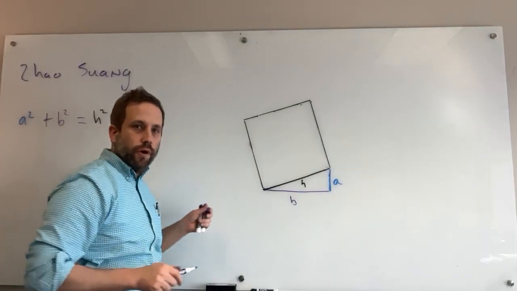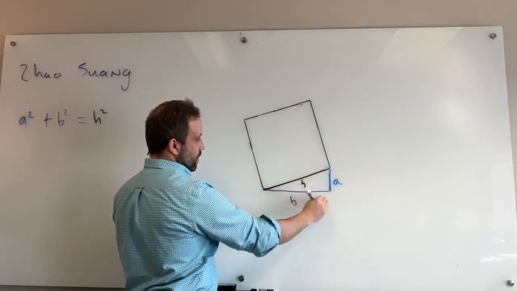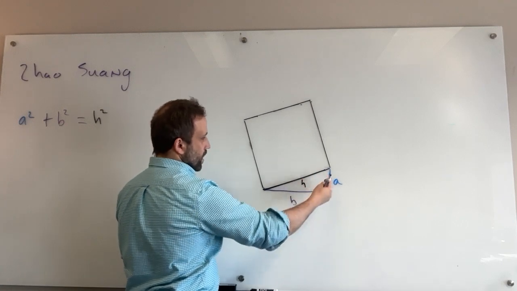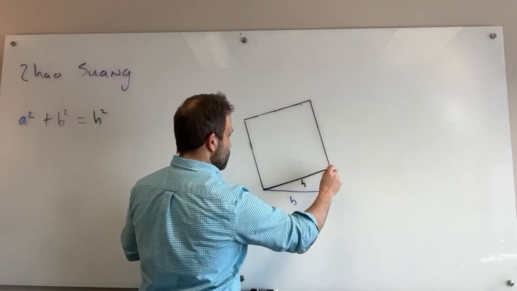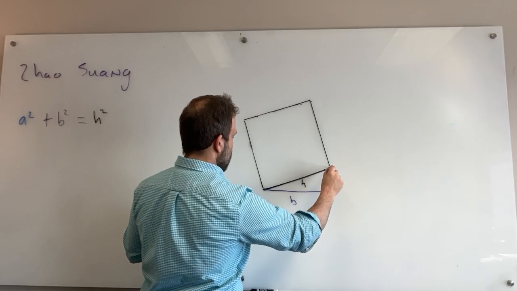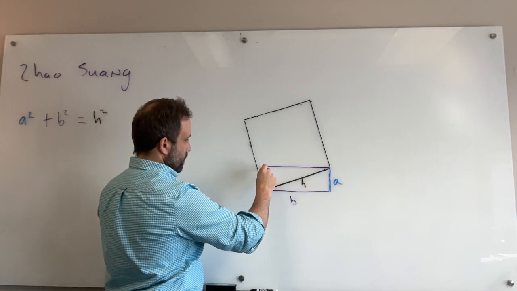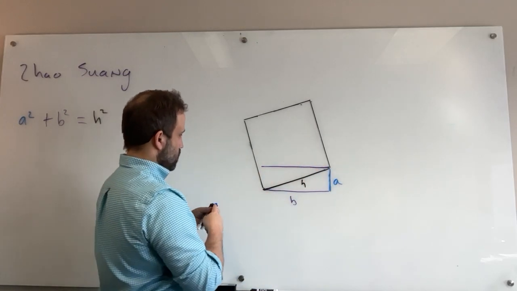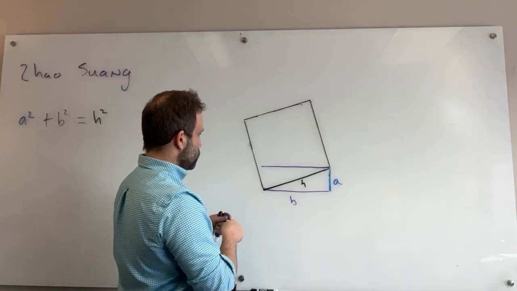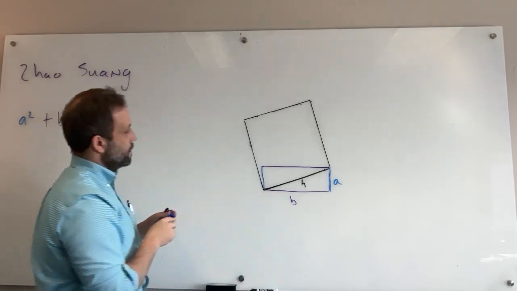So the next thing that I'm going to do is draw the other half of this rectangle. In other words, this triangle right here is half of a rectangle. In particular, it is half of this rectangle. So I'm going to go over like this, and then I'm going to draw the blue rectangle like that.